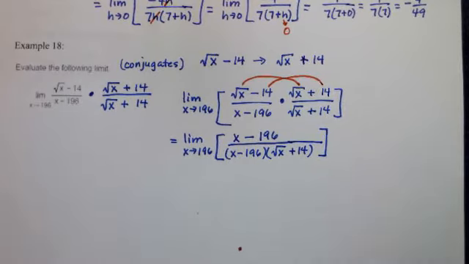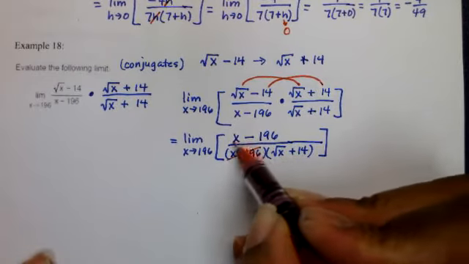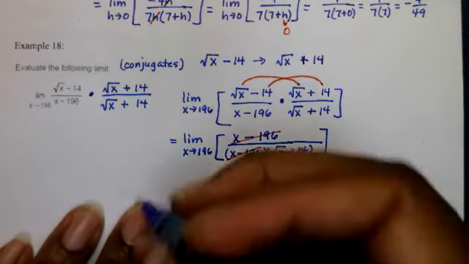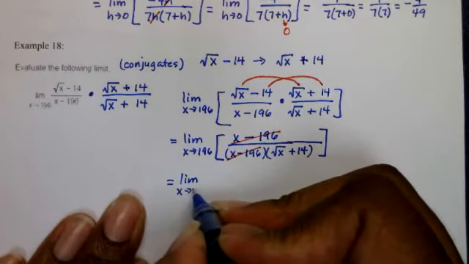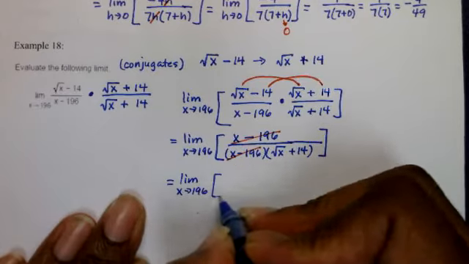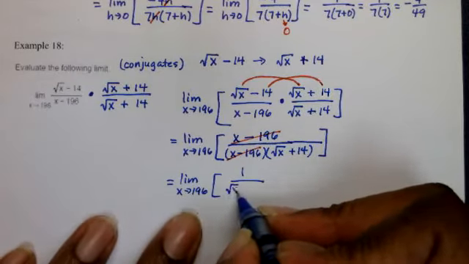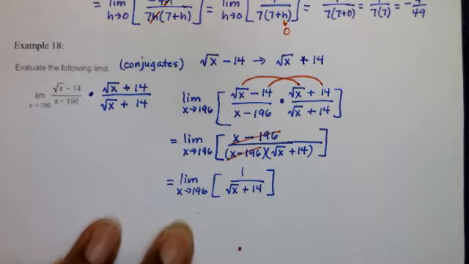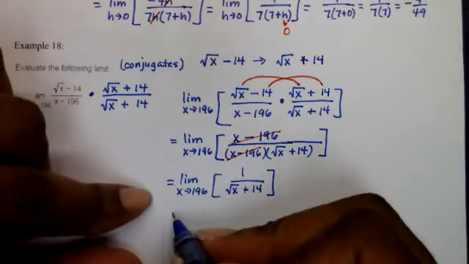And notice the x minus 196 in the numerator and in the denominator divides out. You will be left with the limit as x approaches 196 of 1 over the square root of x plus 14. And I'm not going to get a 0 in the denominator, so I can use direct substitution here.